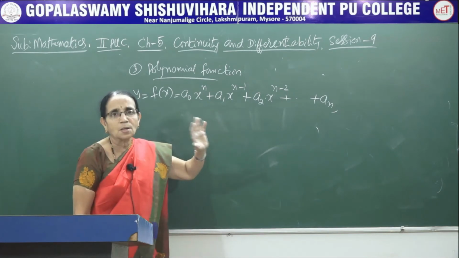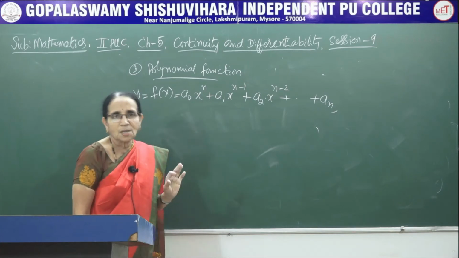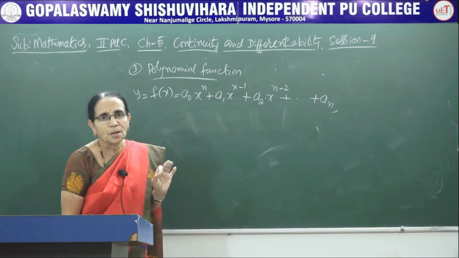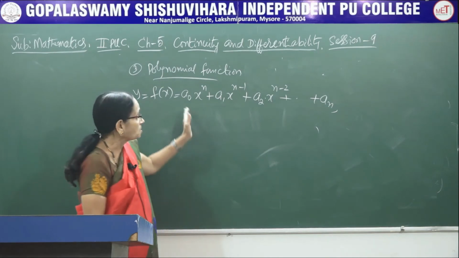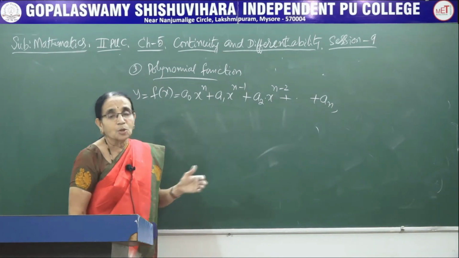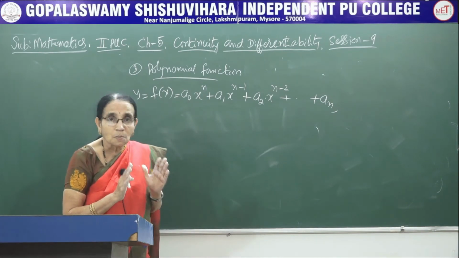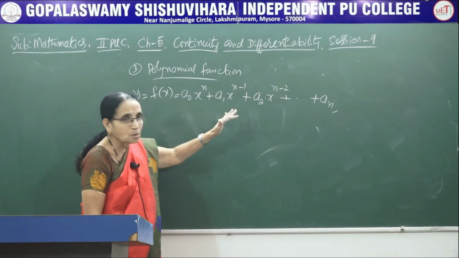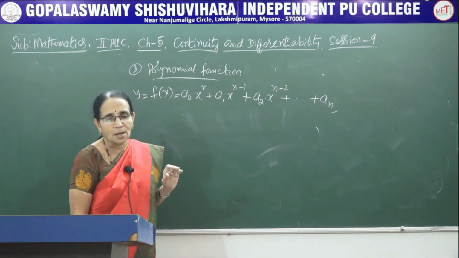All the real values can be assigned to the variable x here. So, we say the polynomial function is defined for all the real values of x. Suppose it had a denominator, we would have to consider certain limitations, because the denominator should not become 0. Because we have only the numerator part here, it can take any real value.